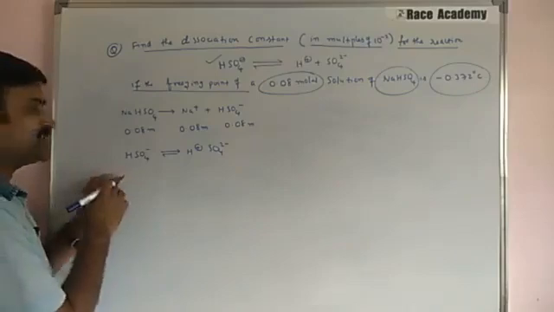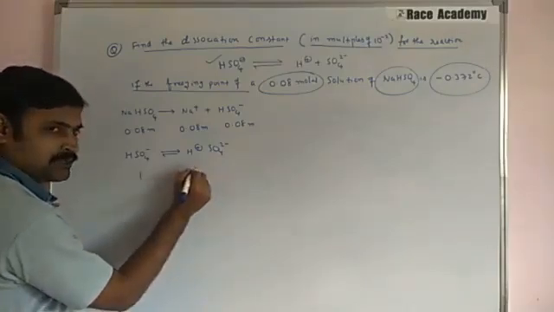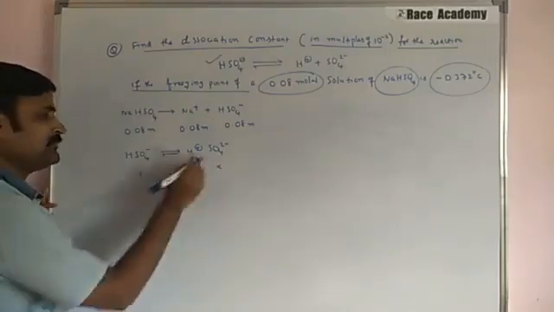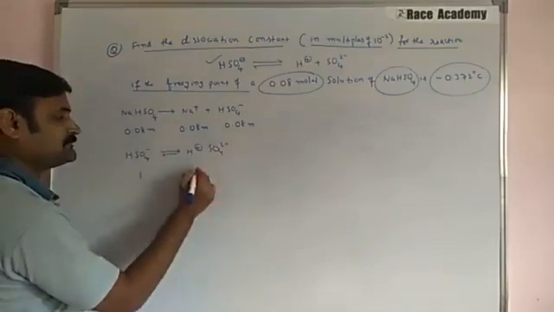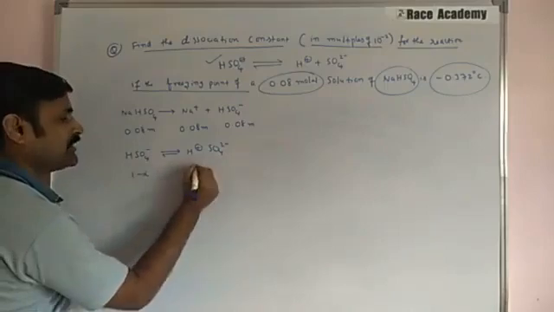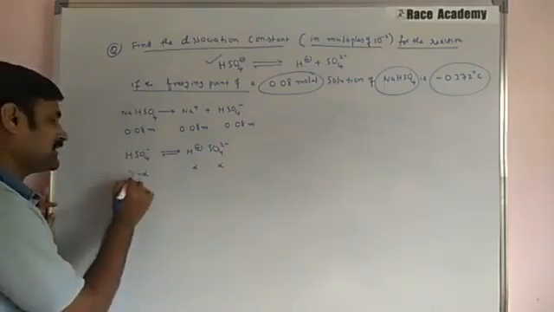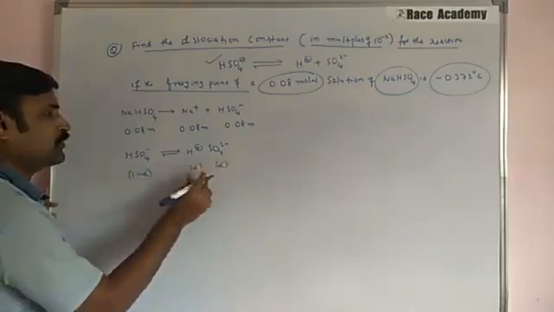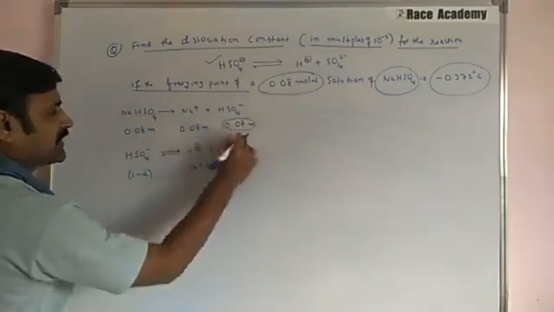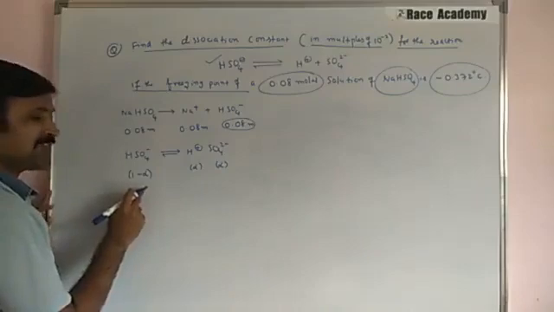Usually we write 1 mole initially, with 0 for the products, but at equilibrium it will be 1 minus alpha, alpha, alpha. But the number of moles given in this problem is 0.08 for the bisulfate ion, so we put 0.08 to find its concentration.